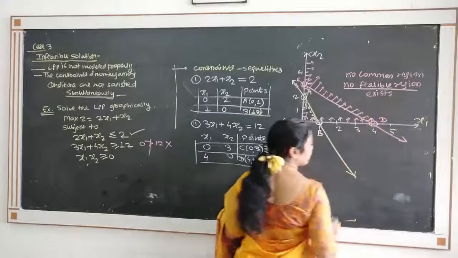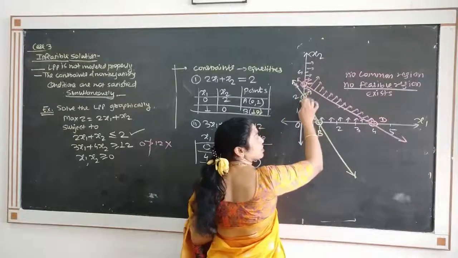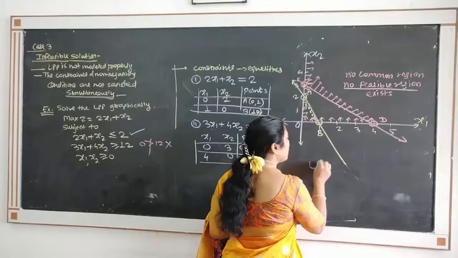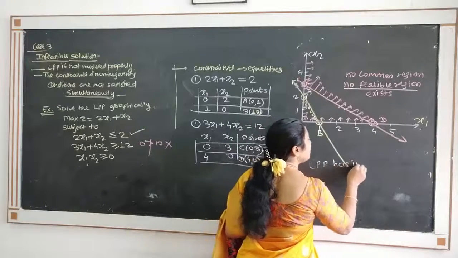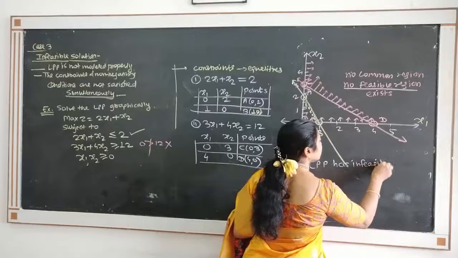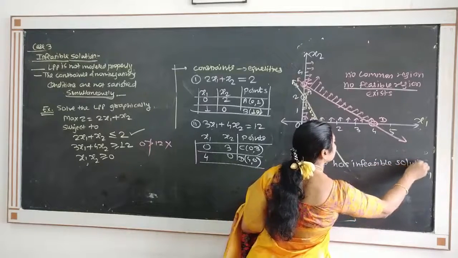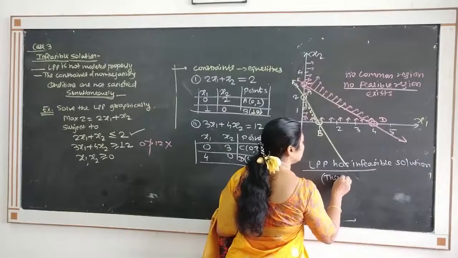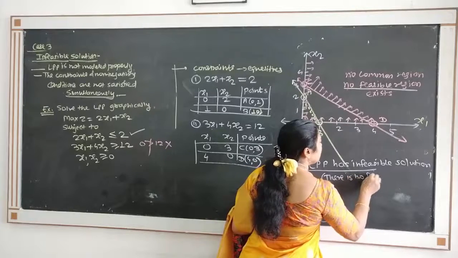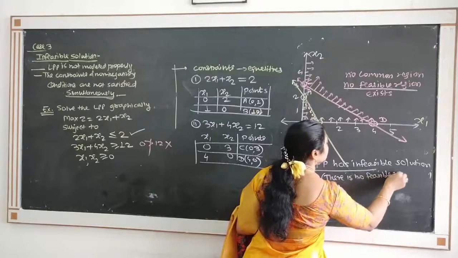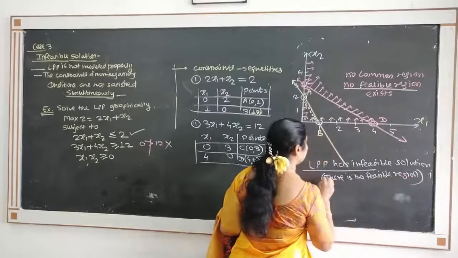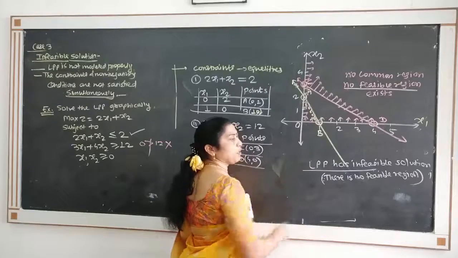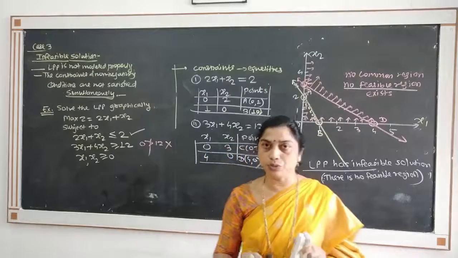If there is no feasible region, both the conditions are not satisfied simultaneously, and hence we say that the LPP has an infeasible solution, because there is no feasible region. So this is the third important case in LPP, with infeasible solution.